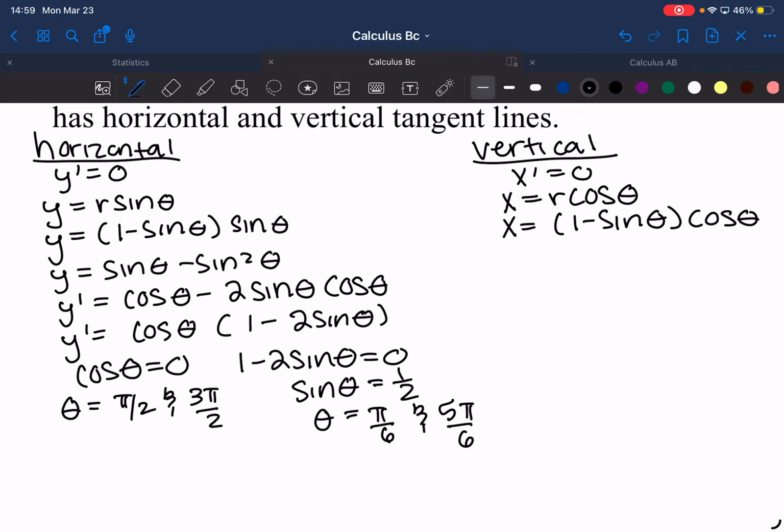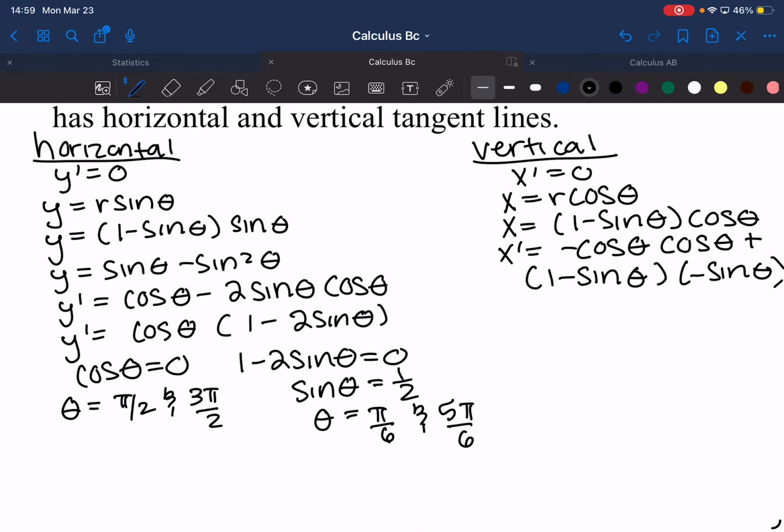So this is going to be x prime is equal to negative cosine theta times cosine theta plus 1 minus sine theta times negative sine theta. So again, that's using the f prime g plus fg prime.